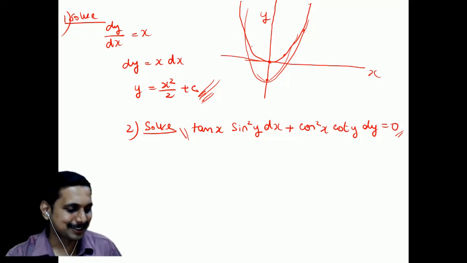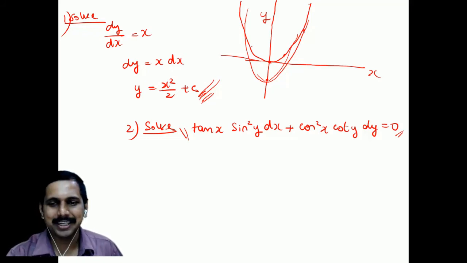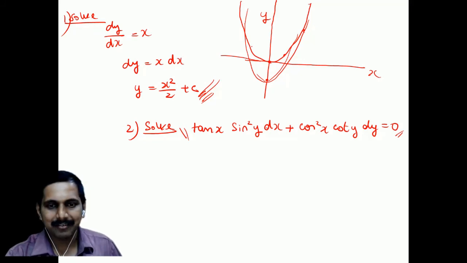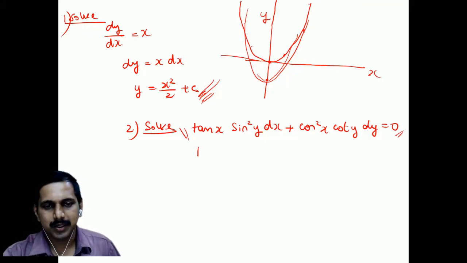So how do you solve this, students? First separate the variables, that's it. So what you can do here is, we can write tan x into sine square y dx is equal to minus cos square x cot y dy.